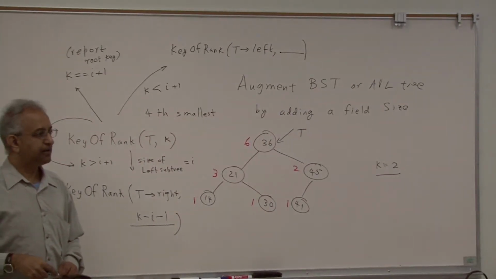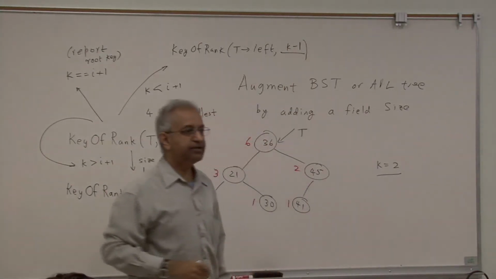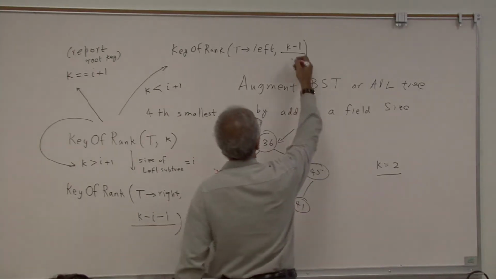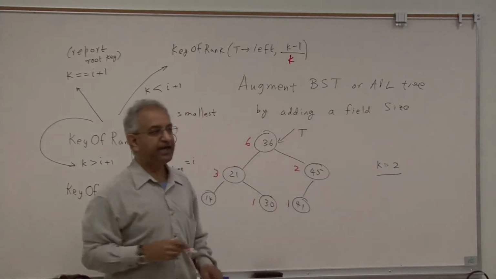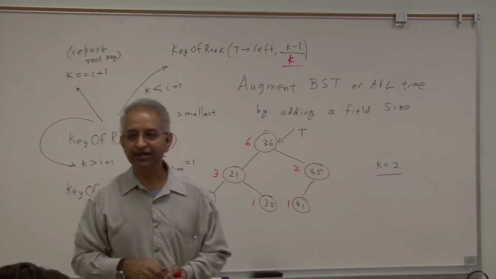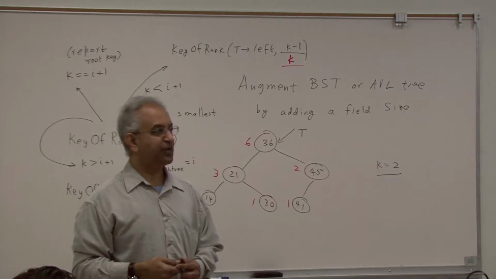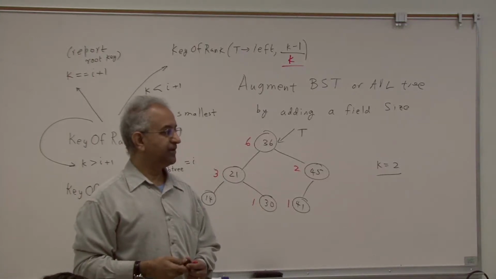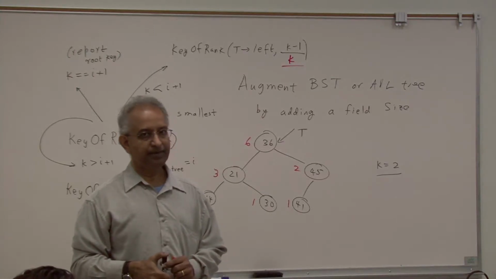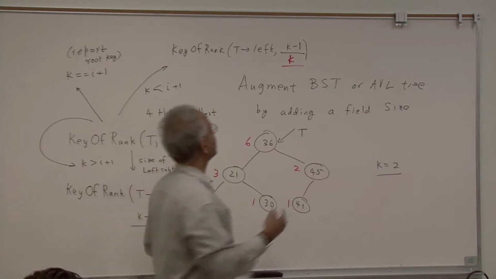k minus 1. You are saying k minus 1. Any other candidate? Any other choice? Okay, there are at least two competing claims here. Which is the correct one? It is k.